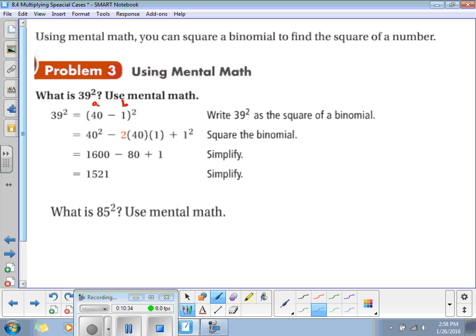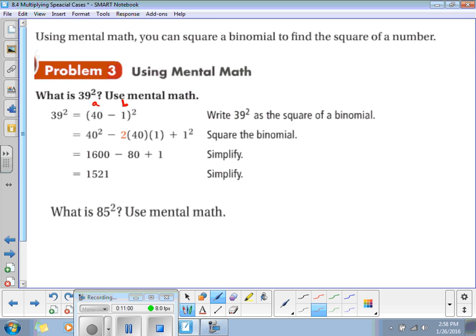So 40 squared is 1,600, right? Because that's 4 times 4, that's 16, and add 2 zeros. Then we have 2 times 40, which is 80. And of course, 1 times 1 is 1. So now you can simplify that and get 1,521.